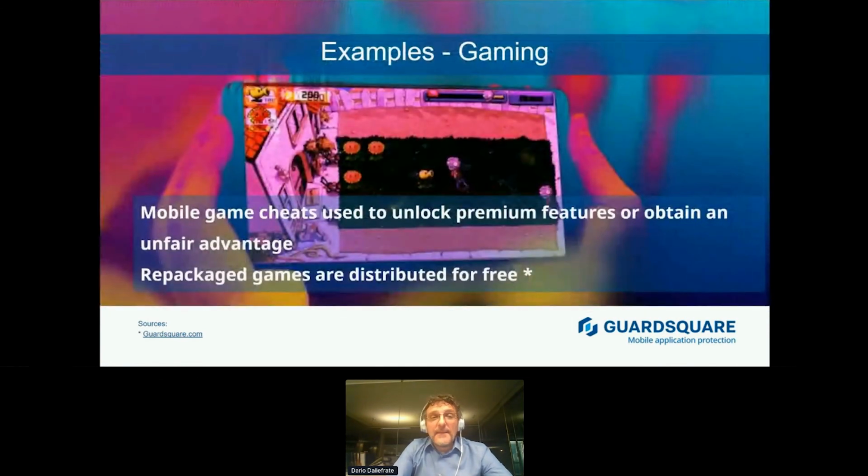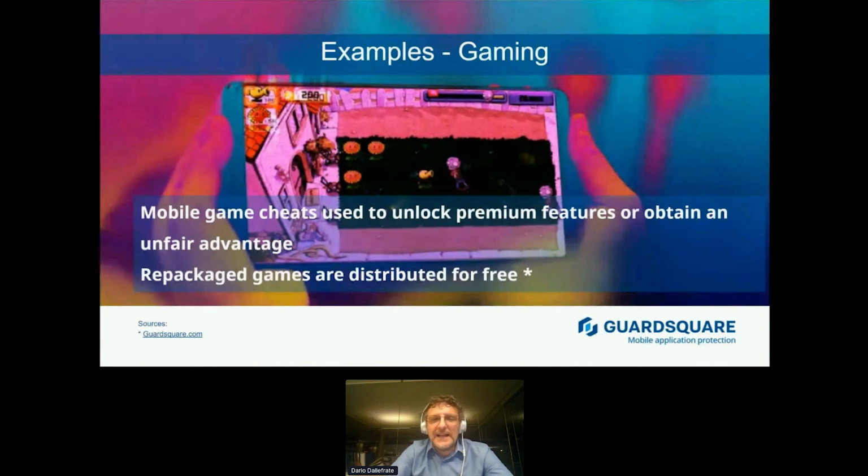Another interesting example is in the mobile gaming industry. Mobile gaming is booming, and of course, bad actors are moving to this sector as well. We see that mobile game cheats are widely used to unlock premium features or to obtain unfair advantages.